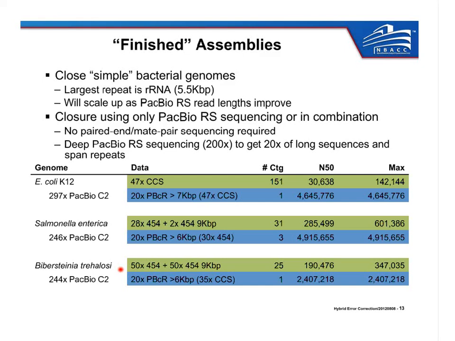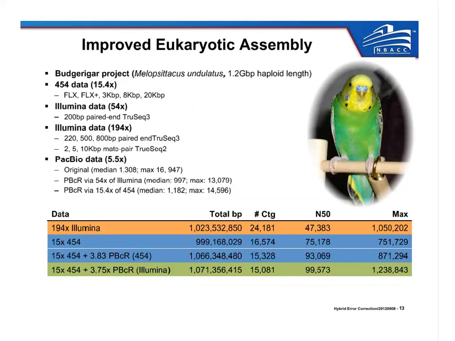So the other thing we looked at besides these closed bacterial genomes was what we can do for eukaryotic assembly. As I mentioned, eukaryotic genomes are too complicated, with larger repeats and more complex repeat structure, so we can't close their genomes, at least not for a while. What we did do, though, is look at the parrot eukaryotic genome assembly.